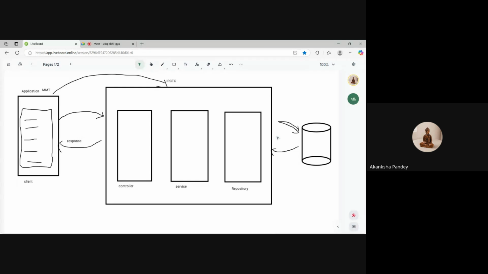So what is happening here? As an end user, whatever we see on the screen of the Make My Trip application, that data is not coming from the Make My Trip database. It's coming from the IRCTC database.